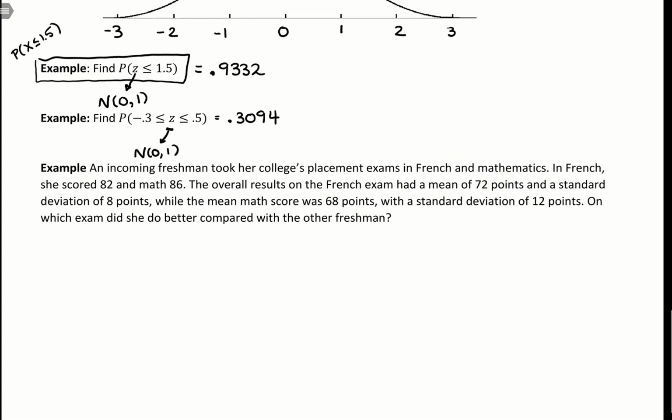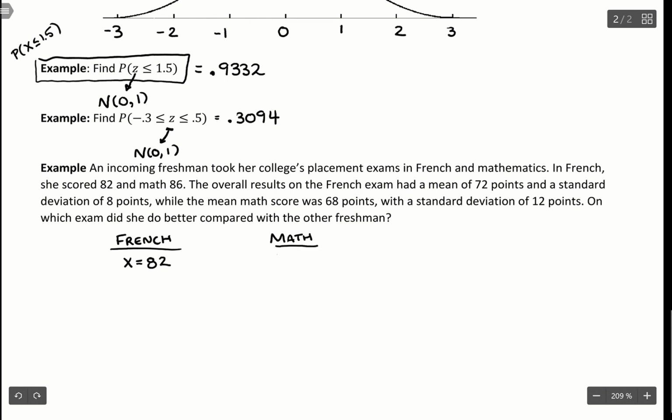Let's do an example where we're again comparing two different types of exams. We have a student who took a placement test for French and math. For French, they got a score of 82. In math, they got a score of 86.